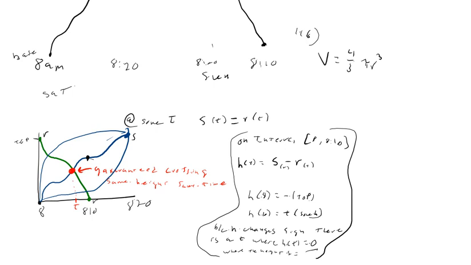That's your volume. 1500 equals 4/3 pi r cubed. Find r. And use the intermediate value theorem to show that you can. Find the low, find the high from 5 to 8. Show that it exists.